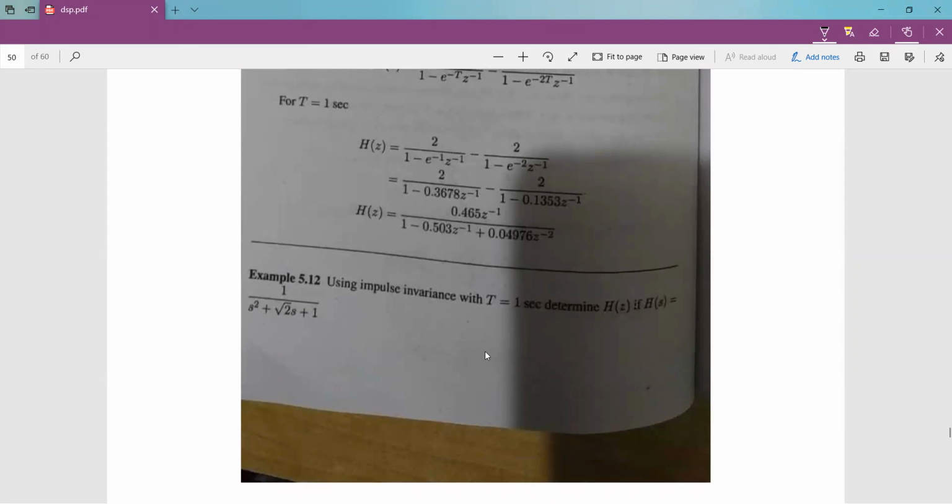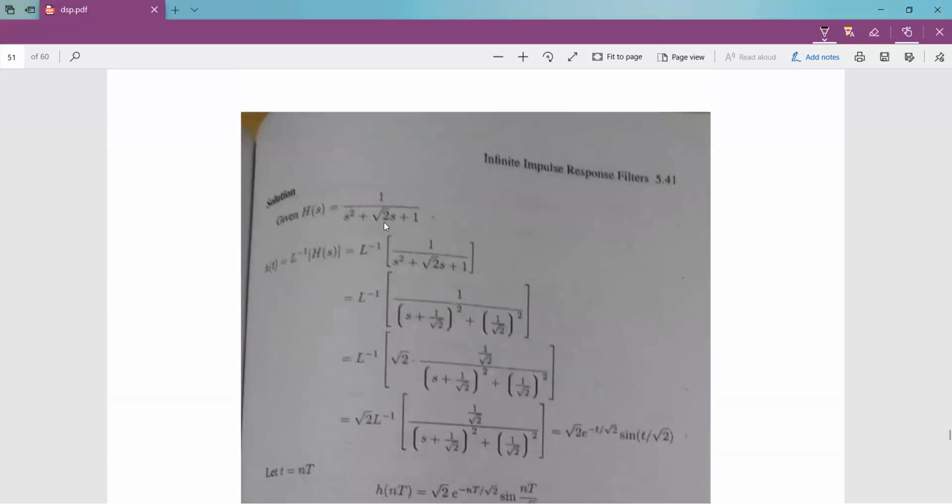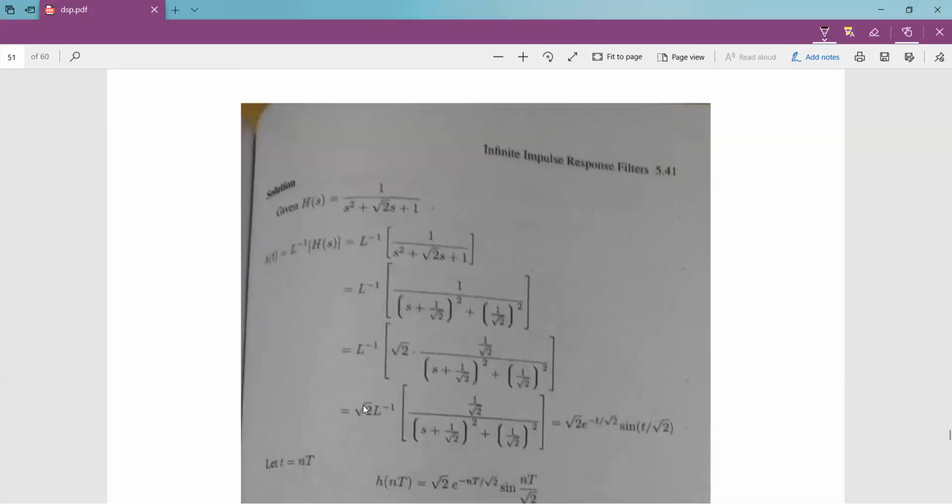In this second example, using impulse invariance with t equal to 1 second, determine Hz. Again, you have to find out the digital response and the transfer function in the analog domain is given to you. So in this case, this equation is complex and will give complex roots. So we may use the direct approach to solve it. Means first we will take the inverse Laplace transform of that, as has been done here.